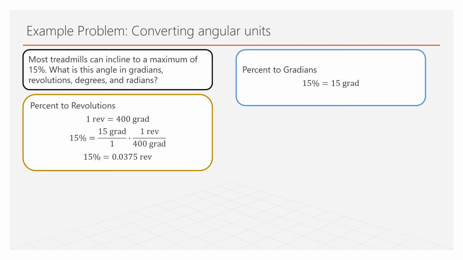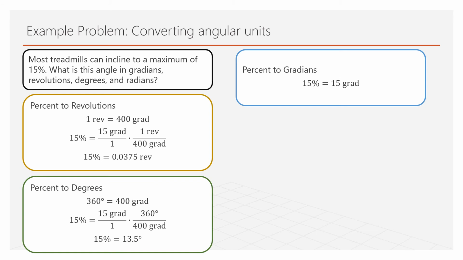We can convert this to revolutions, although I will tell you this would be an odd thing to do for this particular application, but if you wanted to, you could. You notice that 1 revolution equals 400 gradians, and so 15% incline equals 15 gradians times 1 revolution divided by 400 gradians, which equals 0.0375 revolutions.